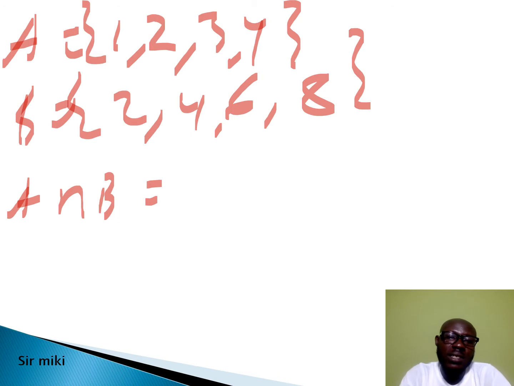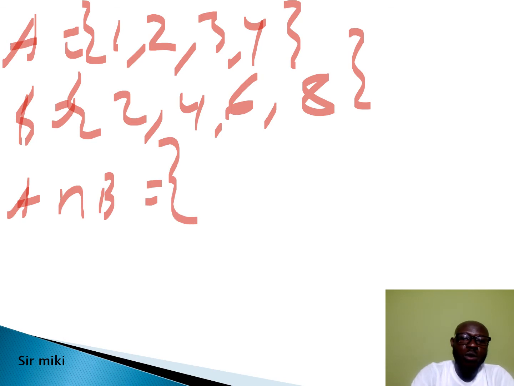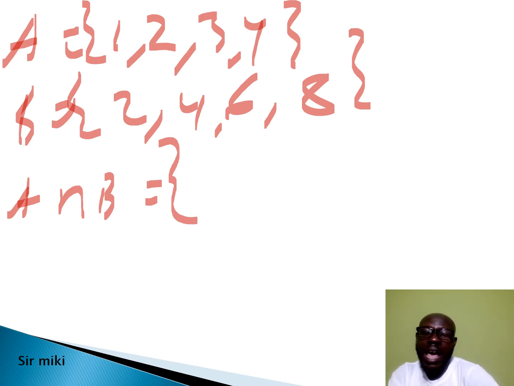Now let's look at set A. We have 1, 2, 3, 4. Then set B, we have 2, 4, 6, 8. So A ∩ B, we want to come out with elements found in both sets. That is, elements that are common in set A as well as what?